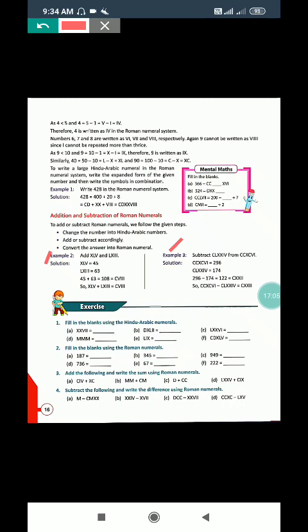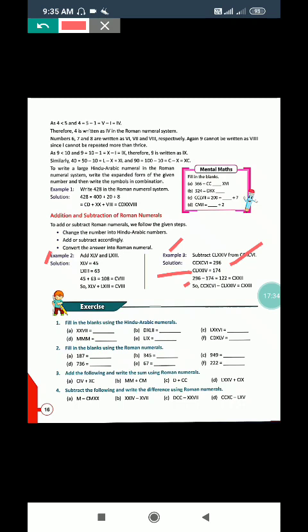So we have to put these numbers in Hindu-Arabic numbers. What is the value of these numbers? The value of CCXCVI is 296 and the value of CLXXIV is 174. So 296 minus 174 is equal to 122.